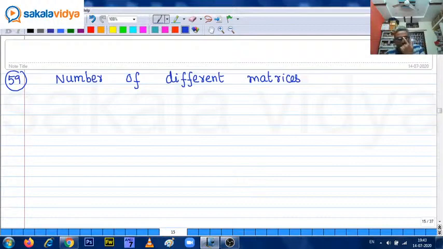Yes, repetition is allowed, Soma. So in these cases repetition is allowed. For quadratic equations and for matrices, repetition is allowed. Absolutely. As many as the number of different matrices that can be formed.